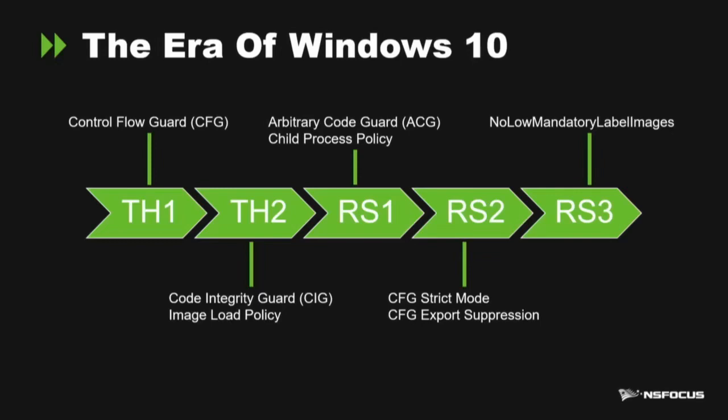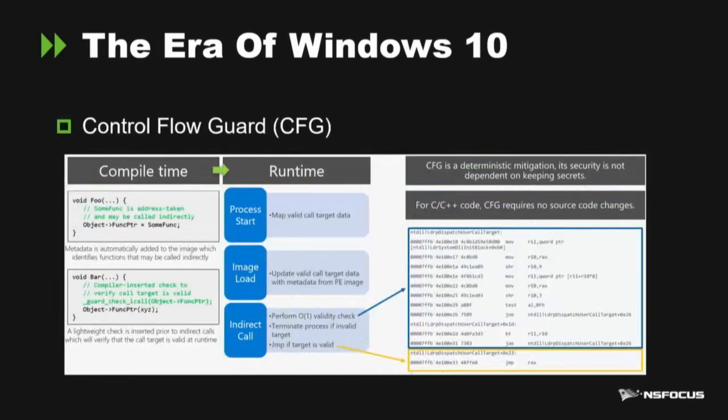So let's look at these new mitigations. First, the most important mitigation is CFG. It's very, very simple. It guards indirect function calls or indirect jumps by validating the target. At compile time, it will find all possible indirect function call targets and collect the metadata of these functions.